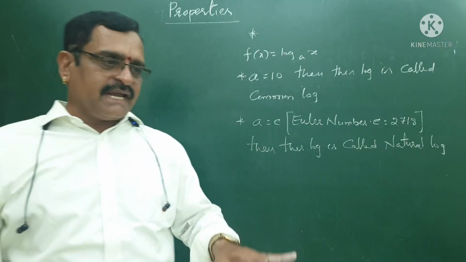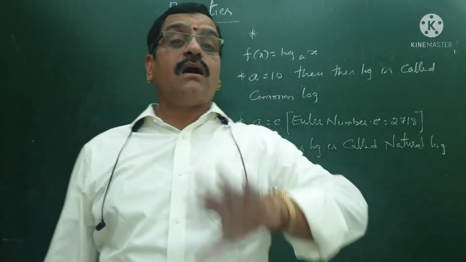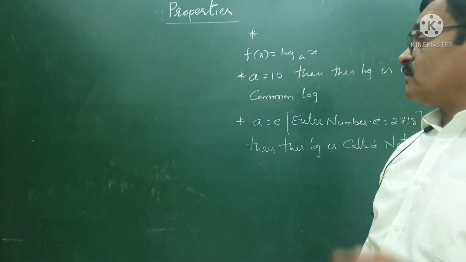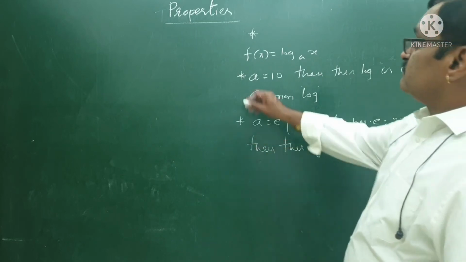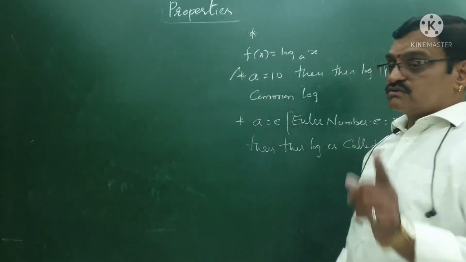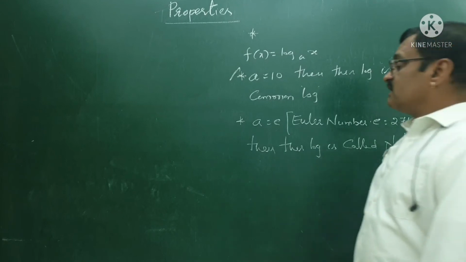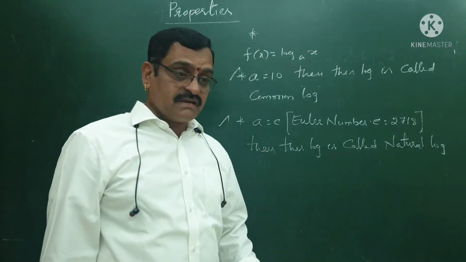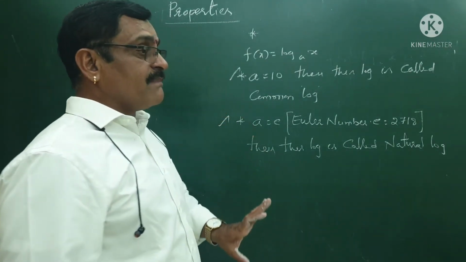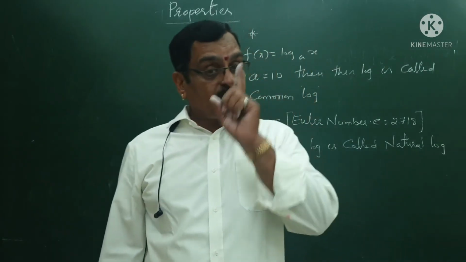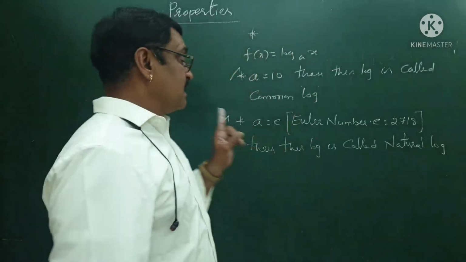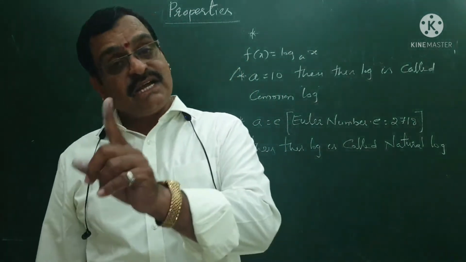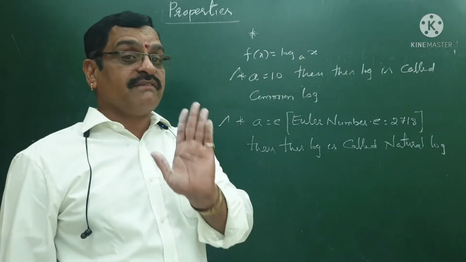For base a equal to 10, that is the commonly used log. When a is the Euler number e, that's called natural logarithm. The common log is used for all the numericals, whereas for all theoretical questions, the base is e. In common logarithm, if the base is not mentioned, you have to treat the base as 10. Whereas in theoretical questions, if the base is not mentioned, you have to take a as e, the Euler number. Please note these 2 points are very, very important.